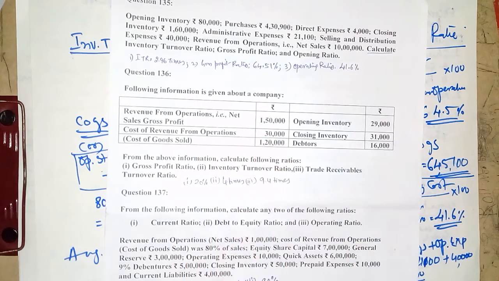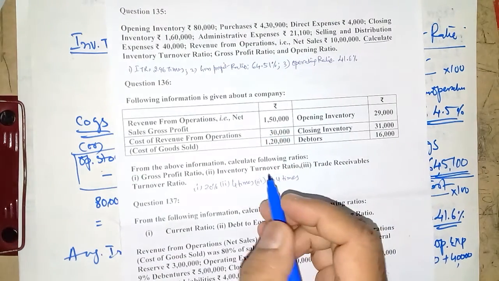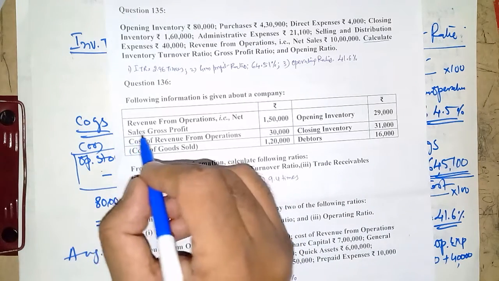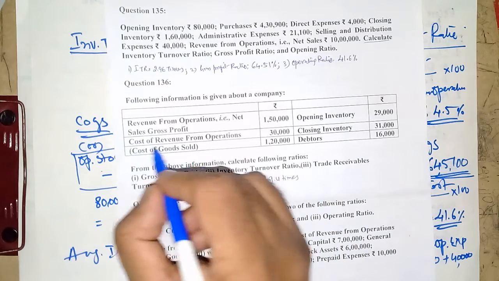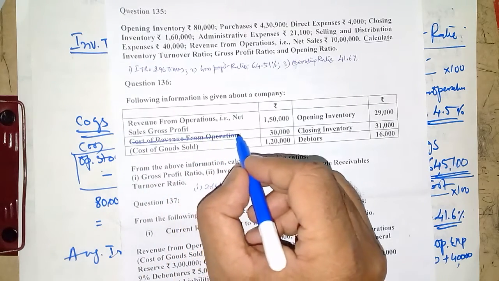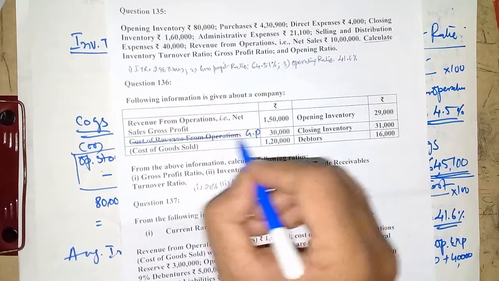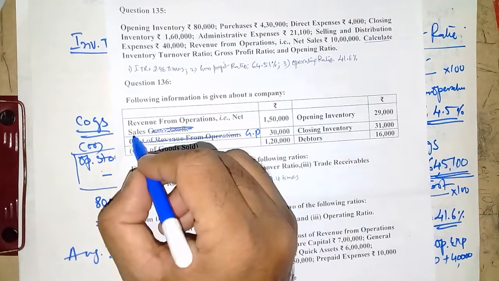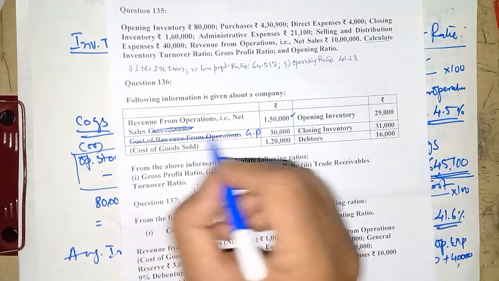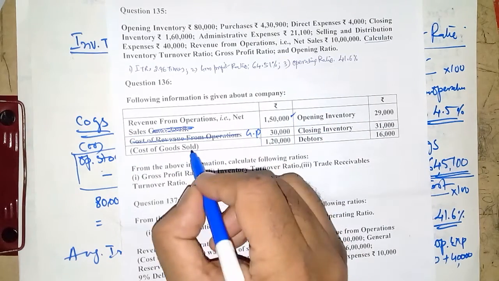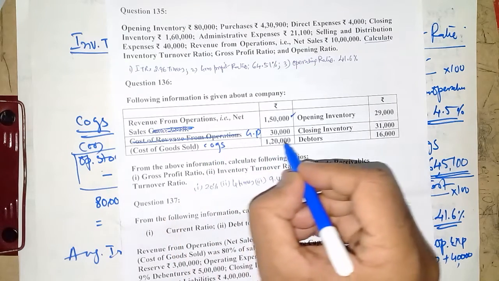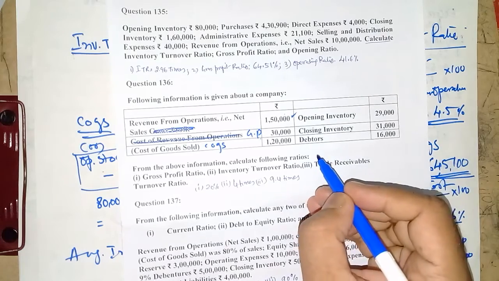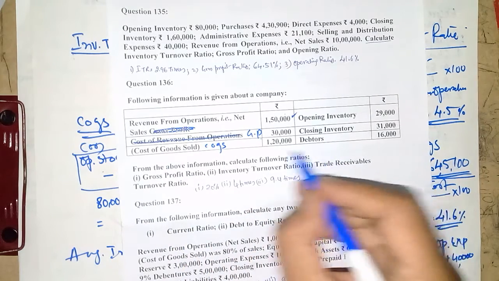There is a slight mistake, it seems a printing error. Actually this is COGS, cost of revenue, and this is GP, gross profit. Sales is 15 lakhs, GP is 30,000, and COGS, cost of goods sold, is 1,20,000. So sales minus 1,20,000 gets 30,000, right? We have corrected the mistake.